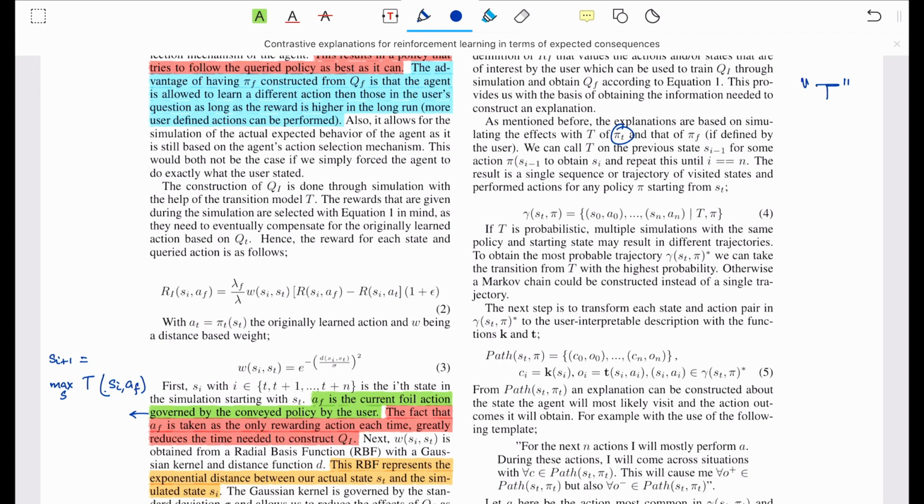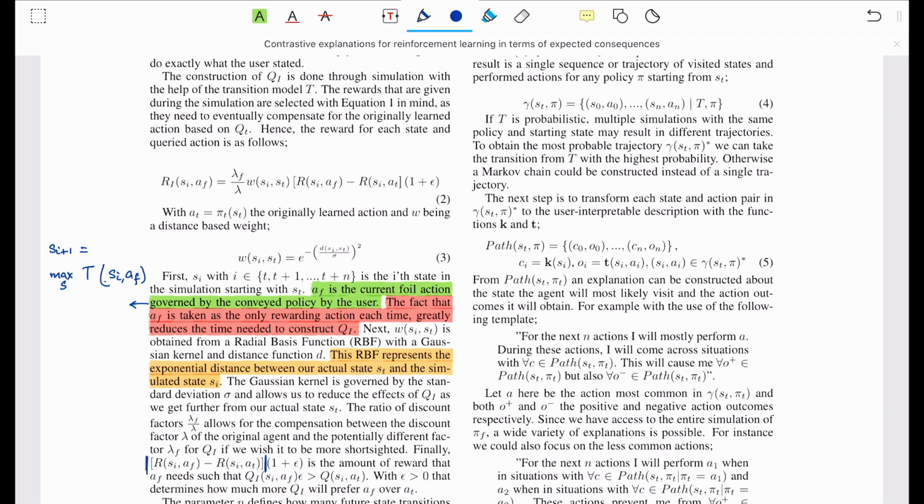But finally, what matters is that we can convert all of this into a sequence of concept, outcome tuples, which look something like this, denoted by path. What this means is that in the presence of concept C0, and when I take the action, let's suppose this is my pi, which takes a state S and gives out an action A. Now I've replaced this S with my concept list C0.